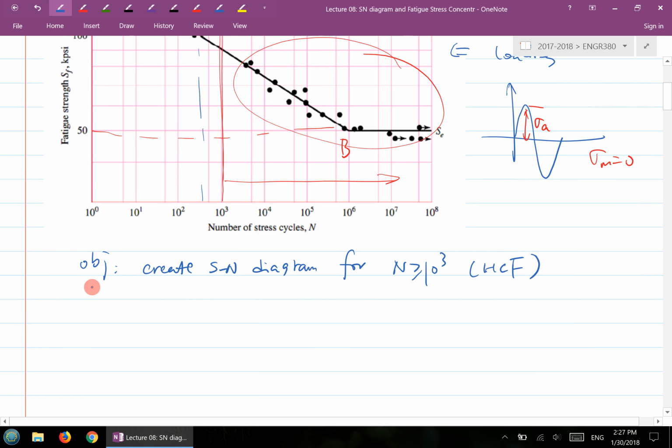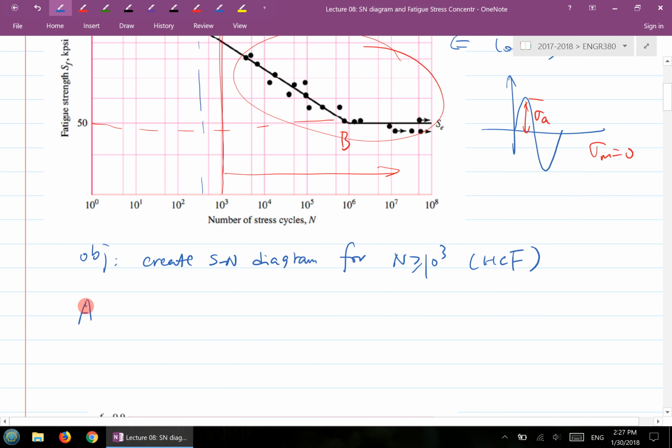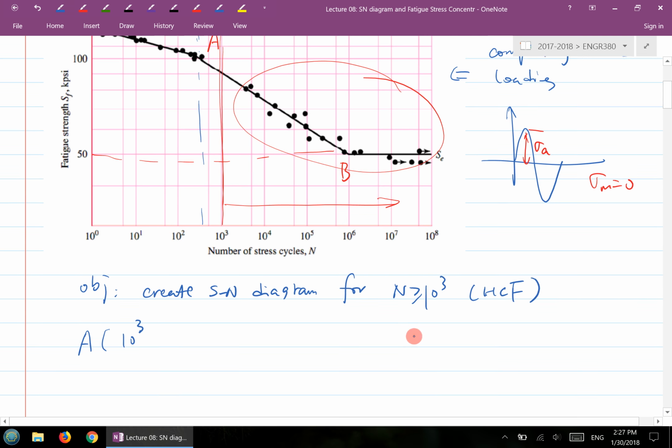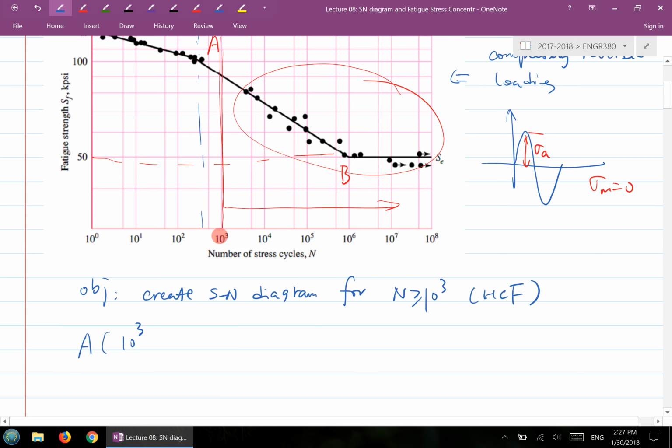To create a straight line we only need 2 points. The A point has coordinates 10 to the power 3 and another value, which is calculated using the so-called f times SUT.